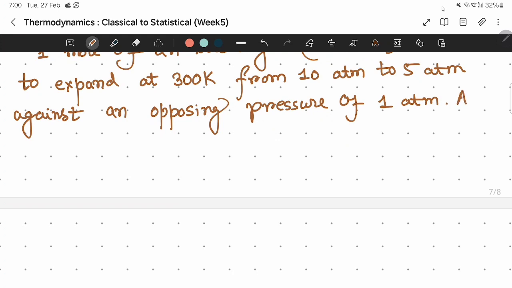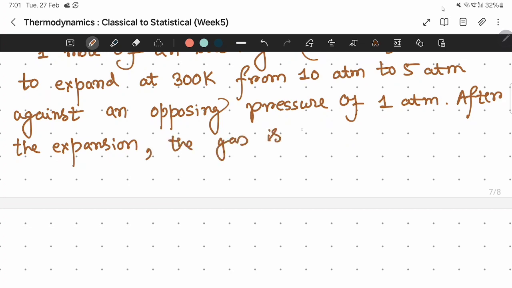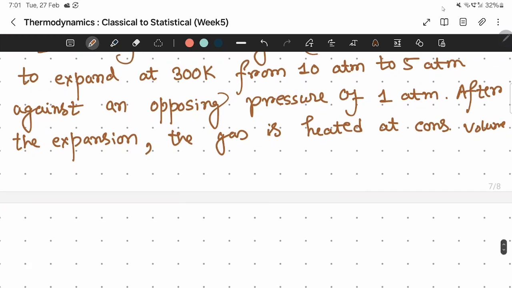After the expansion, the gas is heated at constant volume until the pressure becomes... just a second.